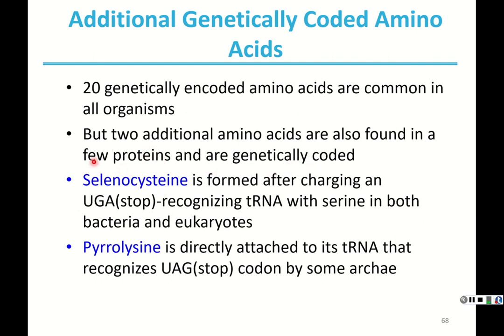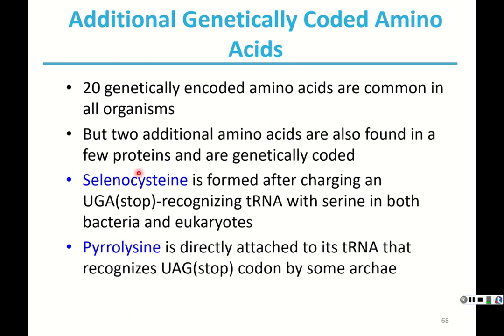One is selenocysteine, and this is formed after charging with serine a tRNA recognizing the UGA stop codon, in both bacteria and eukaryotes. And there's pyrrolysine, which is directly attached to a tRNA that recognizes the UAG stop codon in some archaea.